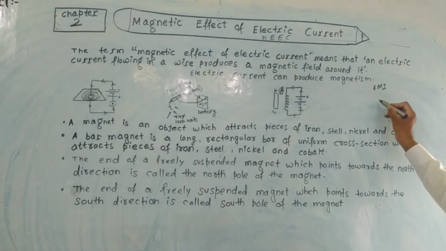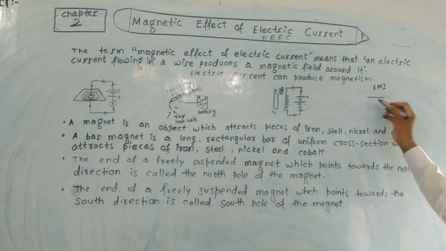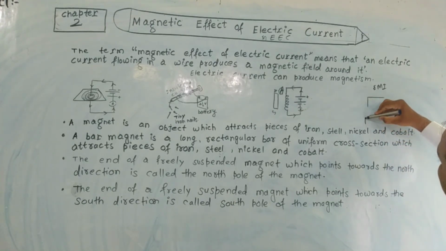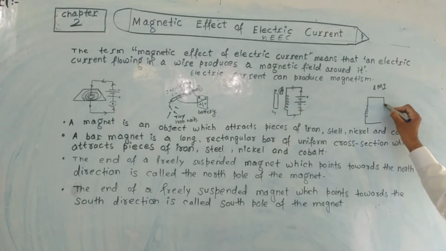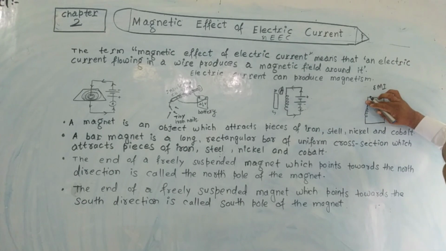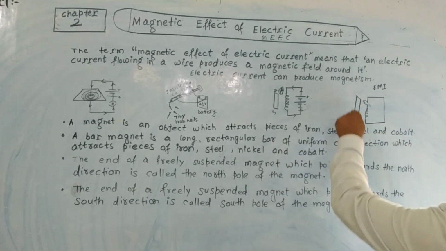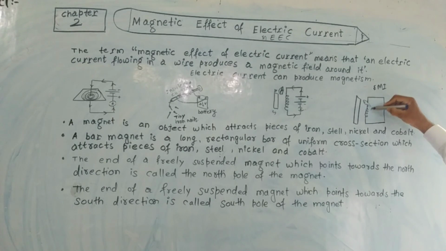That means if you take this arrangement, a coil, and connect it with an LED bulb, and move a bar magnet to and fro, electric current flows through it and this bulb glows.